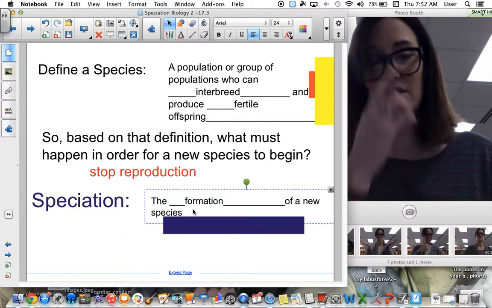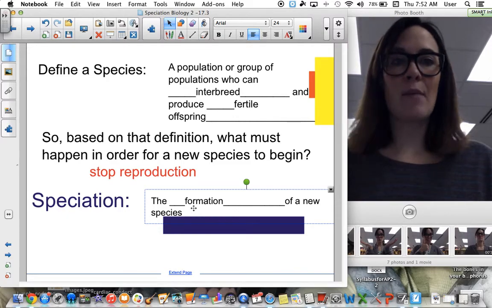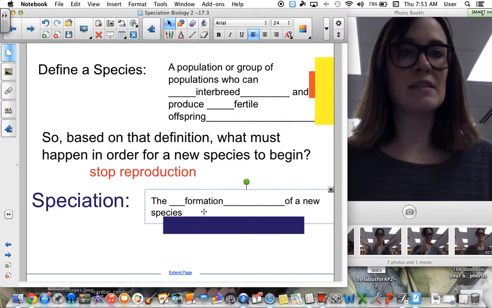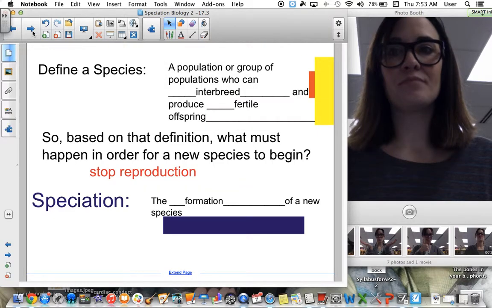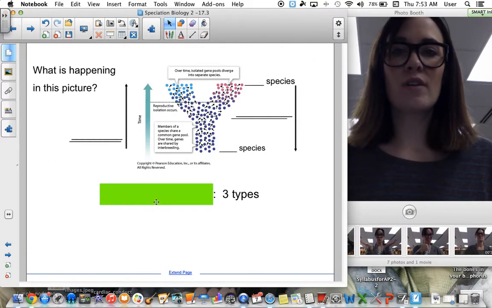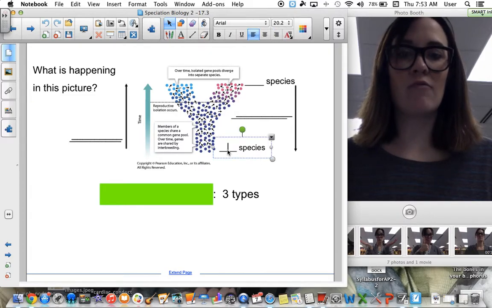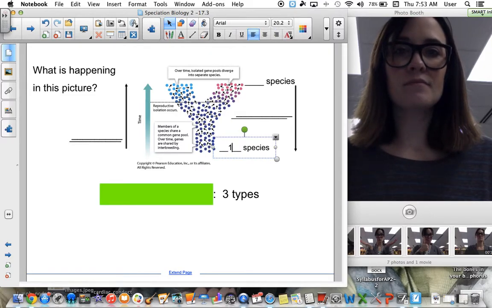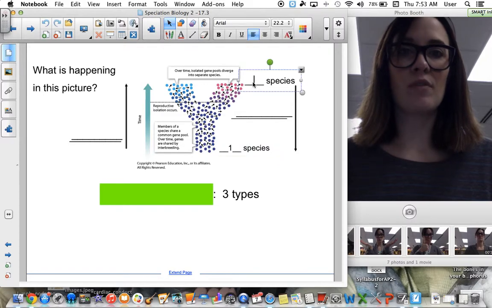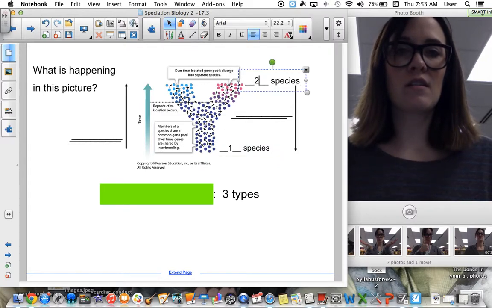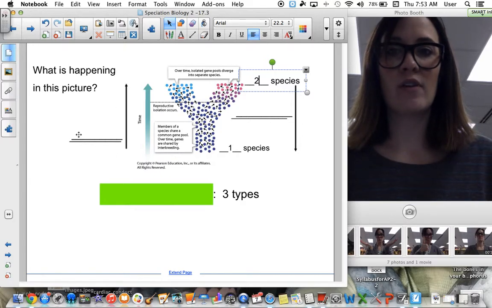And according to Darwin's theory of evolution, this had to happen thousands of times to get all the species that we have today. Okay, so here's a picture. Over here on the bottom, you see purple, we have one species. And at the top, we have blue and purple, or pink, that's two species. One species becoming two different species. And you can see this arrow here over a lot of time.